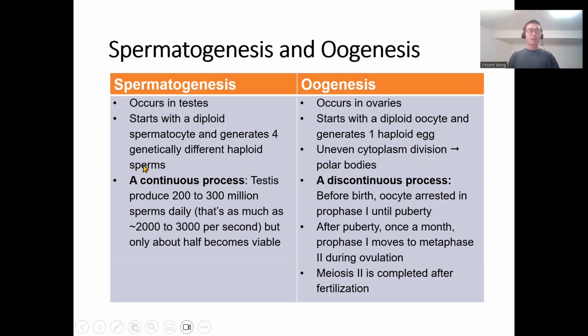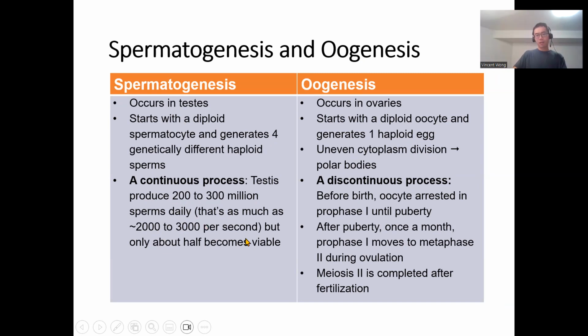Another difference is this: spermatogenesis is a continuous process. Once the male reaches puberty, they continue to produce sperm. The testes can produce up to 200 to 300 million sperms every day. If you do the math, that's like 2,000 to 3,000 sperm per second.